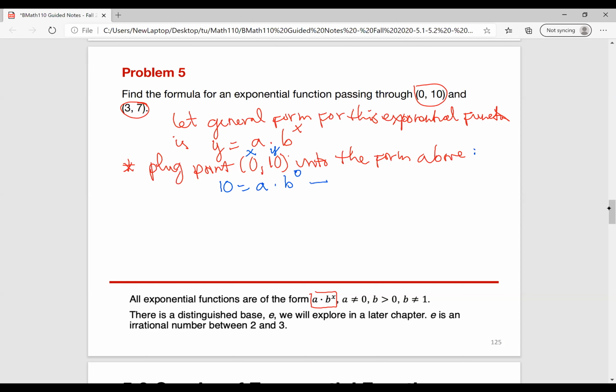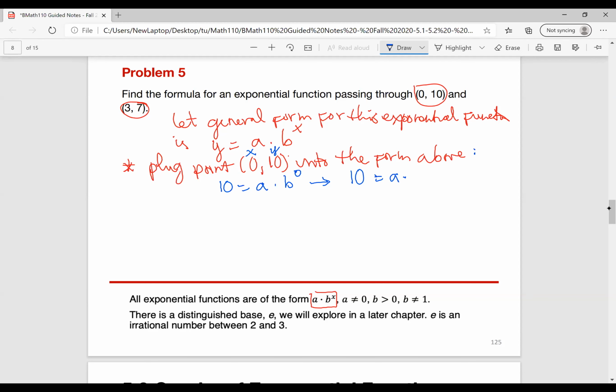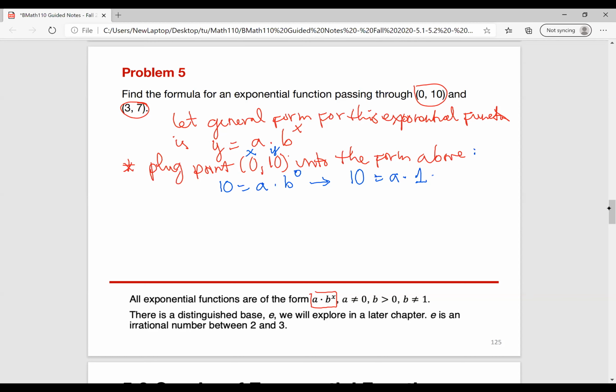The left hand side is 10, the right hand side is a times b to the power 0, which equals 1. So that means I have a equal to 10, easily, right?